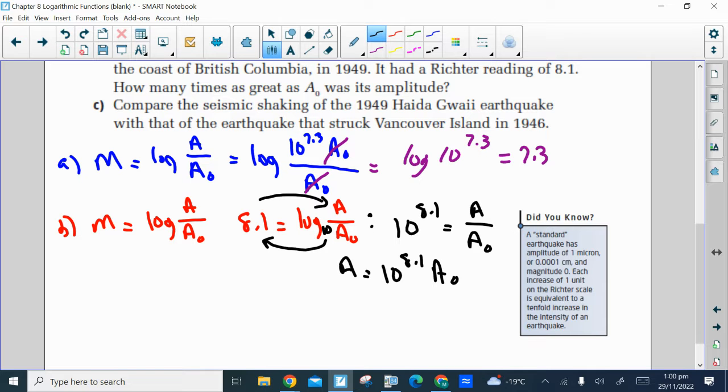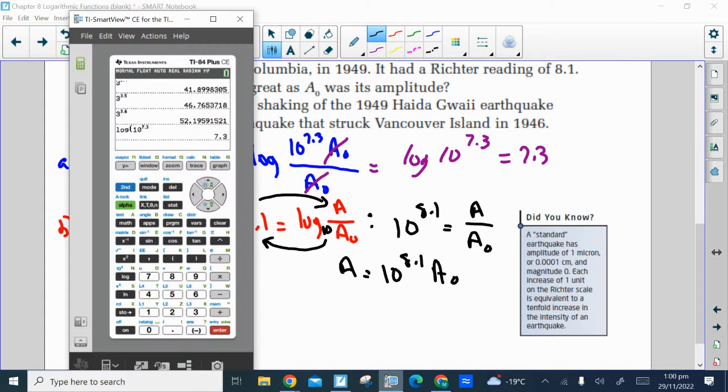So that is the scale factor, how much greater A is compared to A sub 0 as an exact value. We can find out what it is by going 10 to the power 8.1.